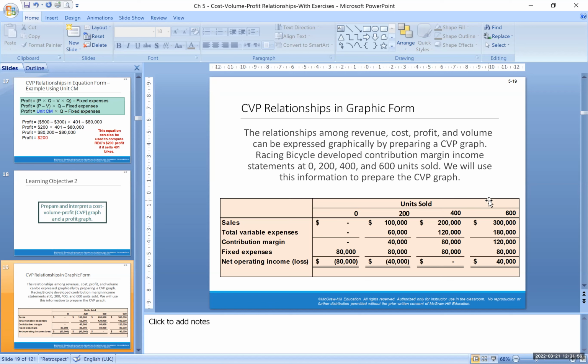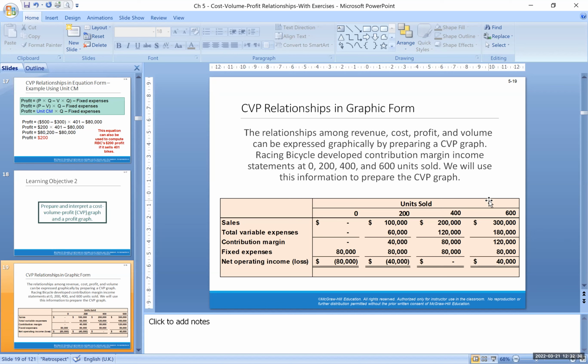So suppose for our example that the company is selling 600 units. If we prepare the income statement for the 600 units, then 600 multiplied by the $500 selling price equals $300,000 as sales for that level. The total variable cost is calculated from 300 per unit multiplied by 600 units, and this equals $180,000.